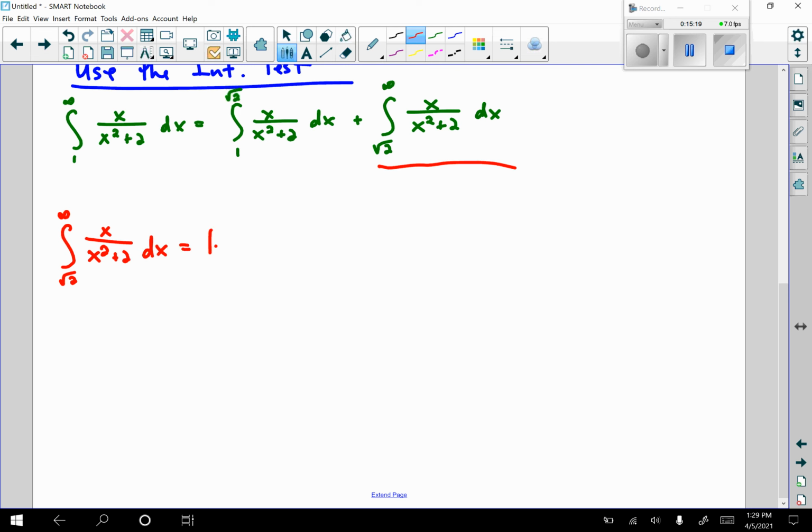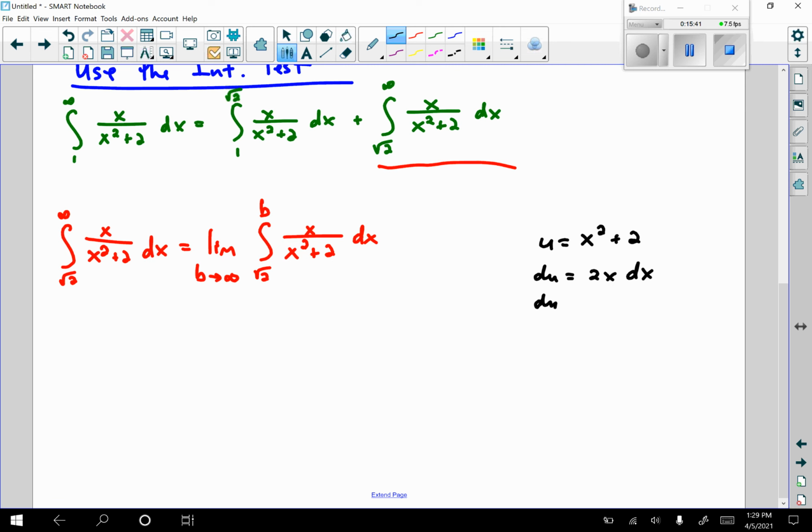All right, so we'll rewrite this as the limit as b approaches infinity, the integral from radical 2 to b. Remember, integration techniques, we have to figure out which ones to use. Let's just start with u substitution. Let's go ahead and let u equal x squared plus 2. Then du is equal to 2x dx. So du over 2 is equal to x dx.